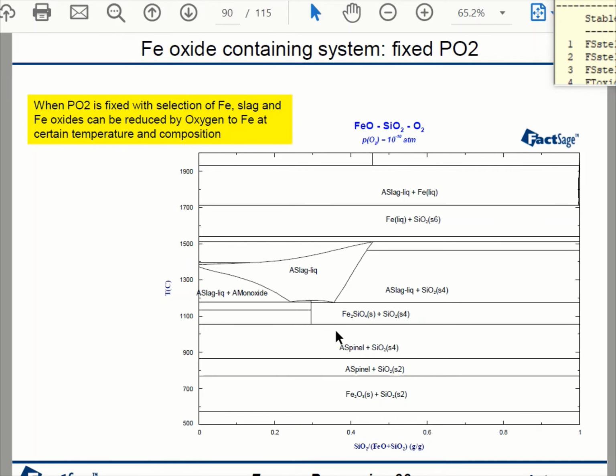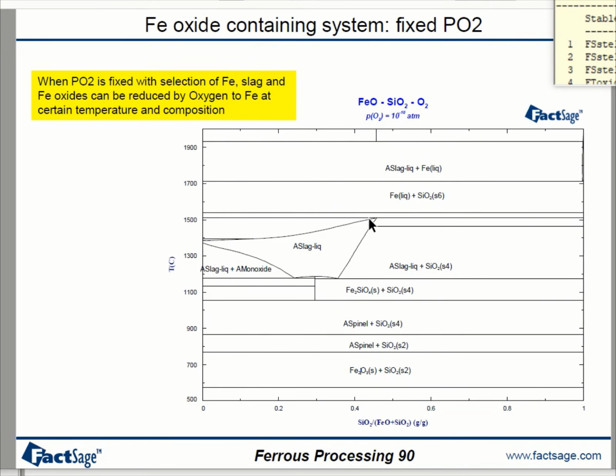But if you are doing only the iron saturation or reducing condition calculation at one fixed temperature, then you can set a reasonable partial pressure of oxygen and do the calculation. That will be very close to your iron saturation condition, because we know roughly what partial pressure corresponds to it. But otherwise, it's not a very good method.